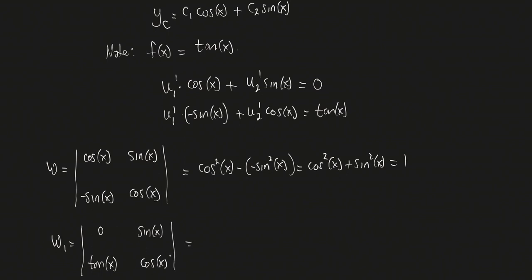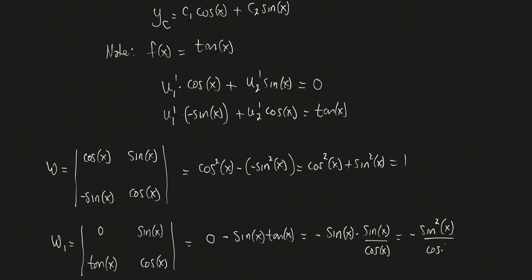So when we expand this determinant, we're going to get 0 minus the sine of x times the tangent of x. Well, can that be simplified? Not really. But you could write tangent as sine over cosine, which makes it negative sine squared of x over cosine of x.